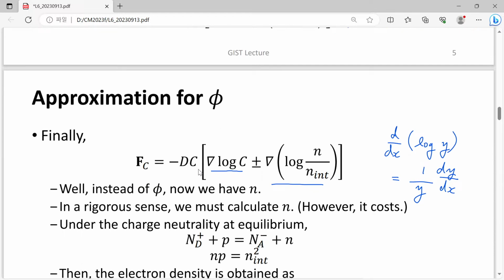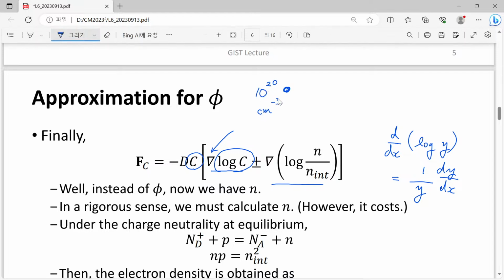Now you have the common factor here, and your gradient is taken for the logarithm of your concentration. Why is that so important? So think about this one. Maybe you remember that our previous homework number 3 or something like that was about the diffusion between 10 to the 20 per cubic centimeter, and another one was 10 to the 17, if I remember correctly, per cubic centimeter.